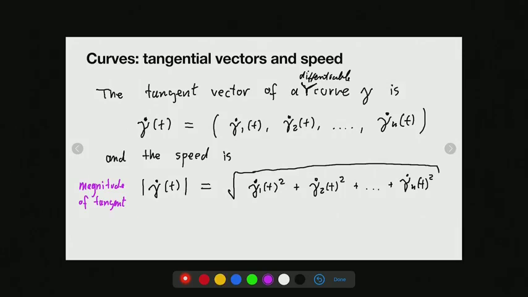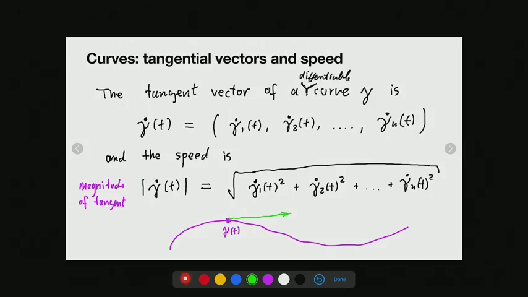The tangent, well, it's a geometric concept, and it can be visualized as follows. Let's suppose I've got a curve. At every point in time, at every position, I mean, let's say here I've got the position gamma t. Then the tangent can be visualized as follows.